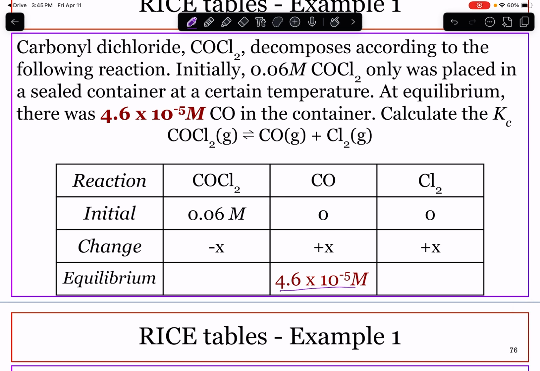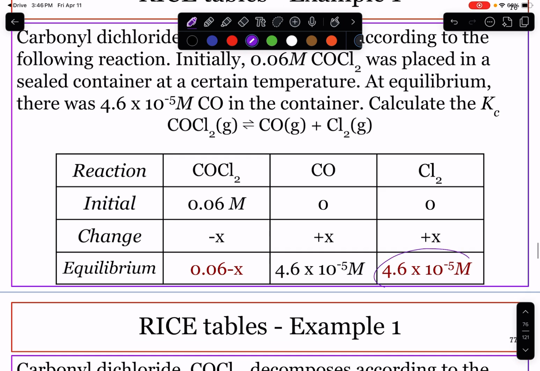That value is what x is equal to, because if 0 plus x equals 4.6 times 10 to the negative 5, we can see that that is what x is equal to. And therefore, we have that same value over here for the chlorine. So both chlorine and carbon monoxide have the same equilibrium value of 4.6 times 10 to the -5.